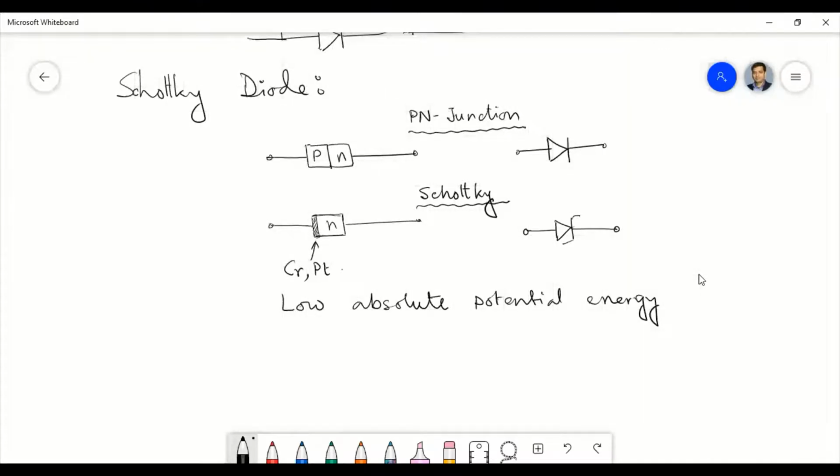So this is how it is formed, and then a depletion region also forms there.